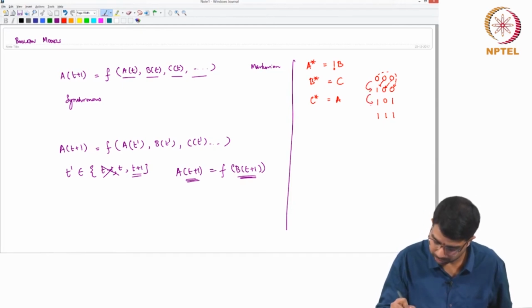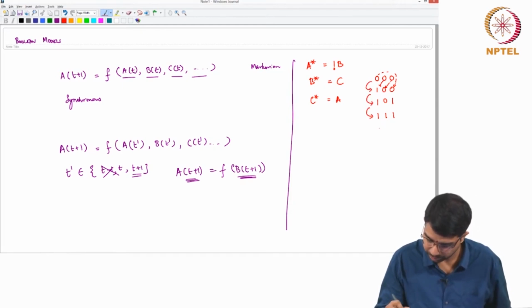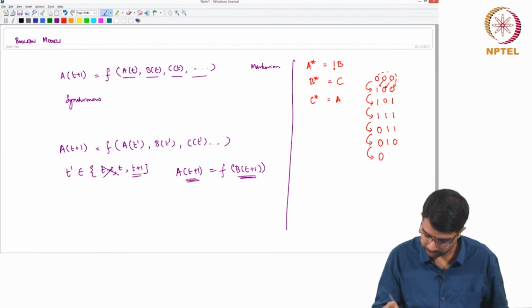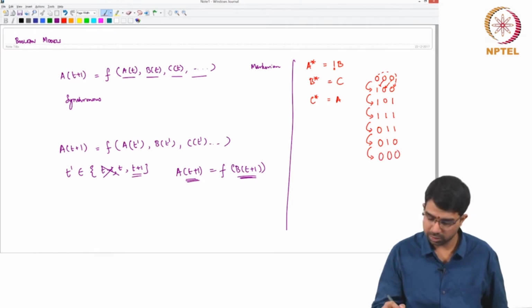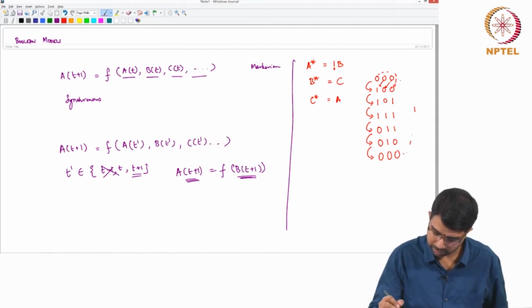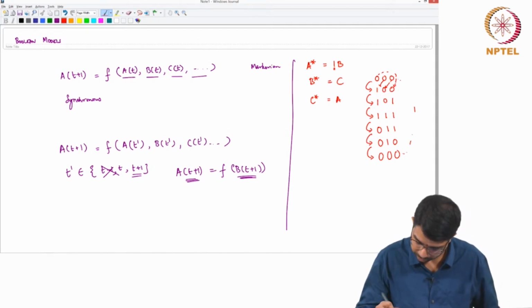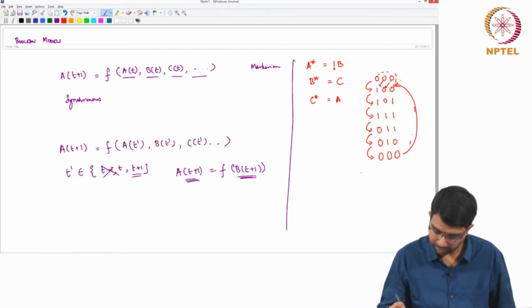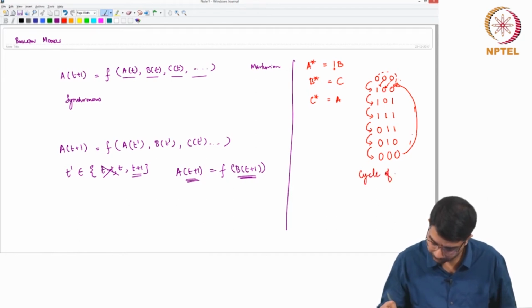And what is the next step? 0 1 1, and the next step would be 0 1 0, and the next step would be 0 0 0, which is basically the same as this. So, you have a cycle of length 6.